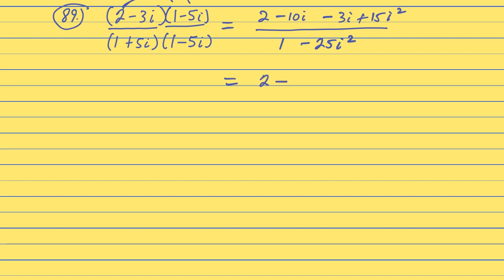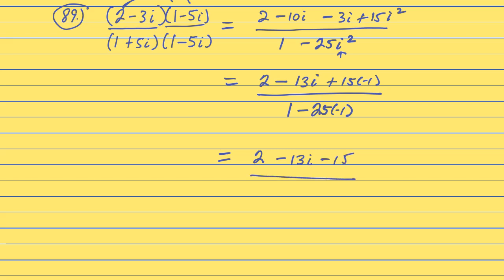So negative 10i minus 3i gives you negative 13i. And then you have 15 times negative 1. We know that i squared is negative 1, so it's 1 minus 25 times negative 1. So you have 2 minus 13i minus 15 divided by, this right here would be positive when you multiply, and this would be 26.